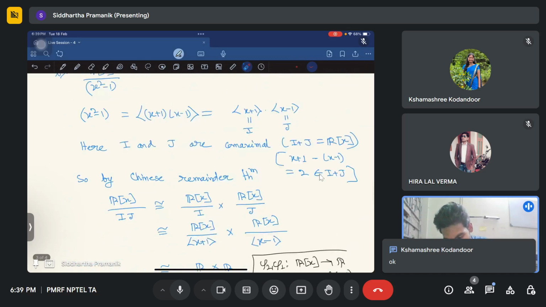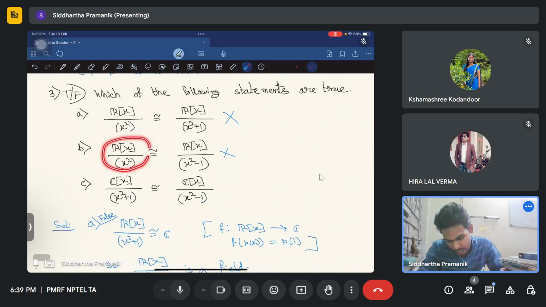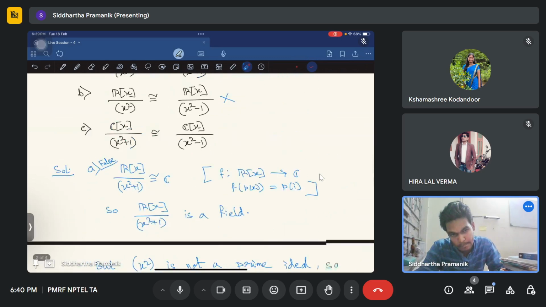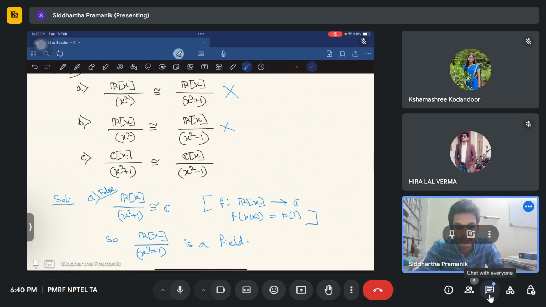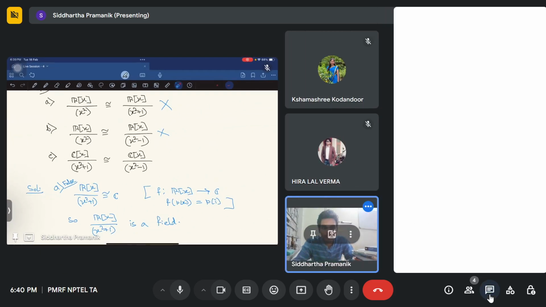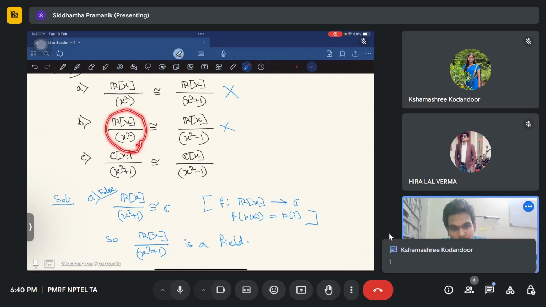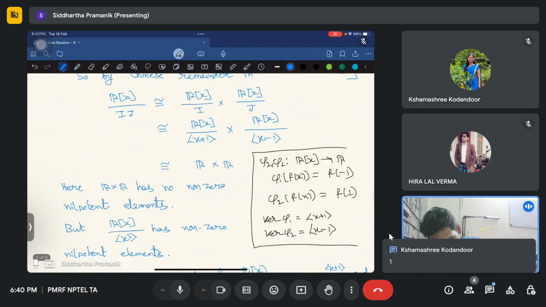So this quotient has only two prime ideals. Now what about the other one, R[x] mod x^2? How many prime ideals does this quotient ring have? What are the prime ideals in this quotient ring? Yes, exactly. It has only one prime ideal. You just again use the correspondence theorem.